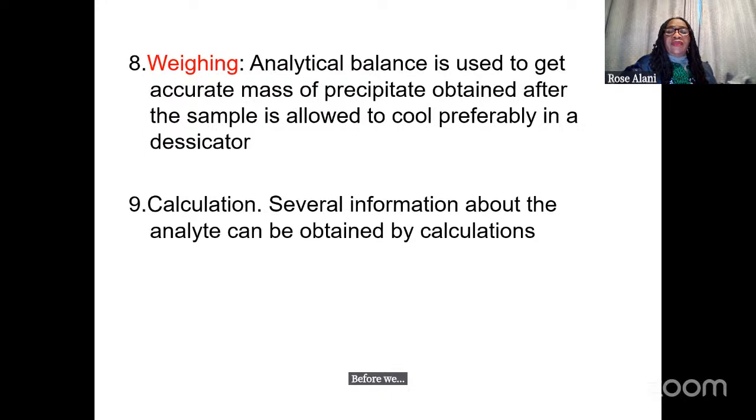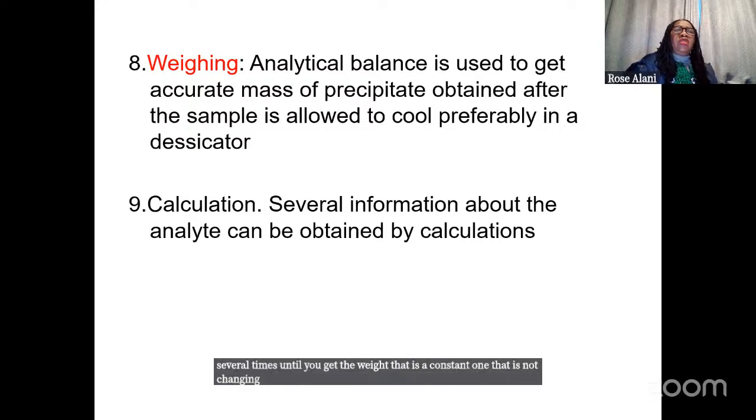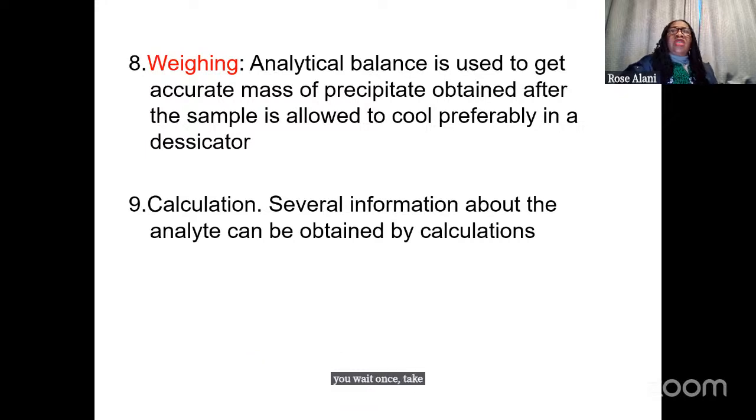And you have to weigh it several times until you get a constant weight. You weigh it once, take it back to dry a bit, and then bring it back. If it changes from what it was, then it means it's still not dry. You keep on doing that until you have a stable weight.